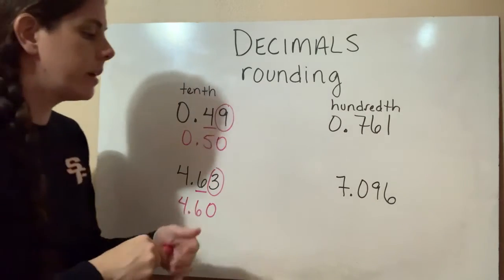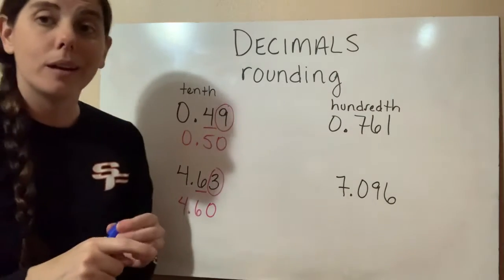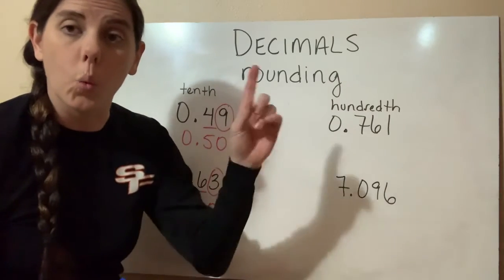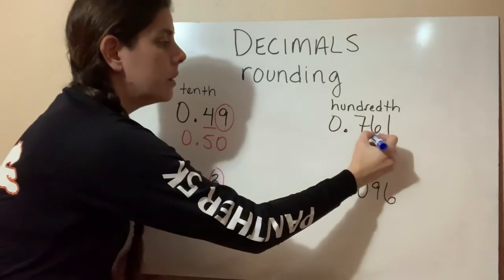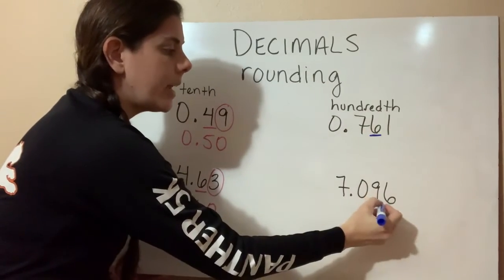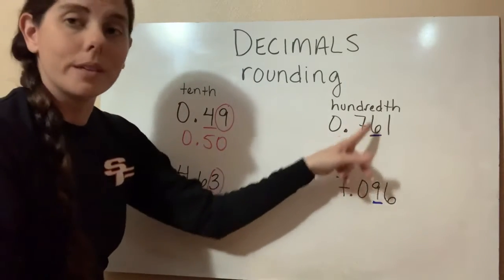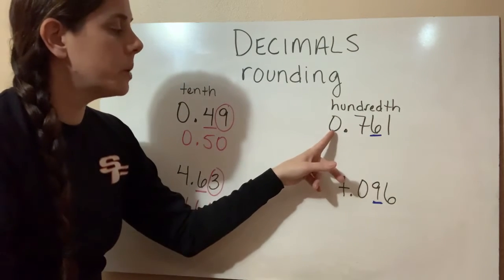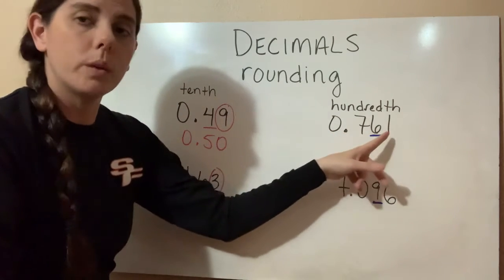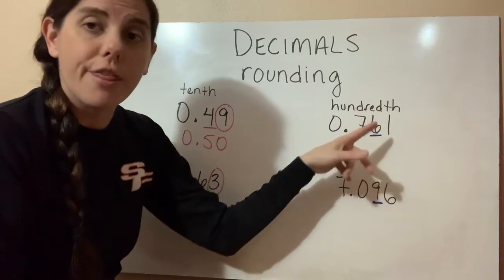Now let's practice with rounding to the nearest hundredth. Again, the first thing we need to do is figure out what number is in the hundredths place. The hundredths place is the second one over from the decimal. In this one we have the 6, and in this one we have a 9. In this one we have 0.761, or 761 thousandths.